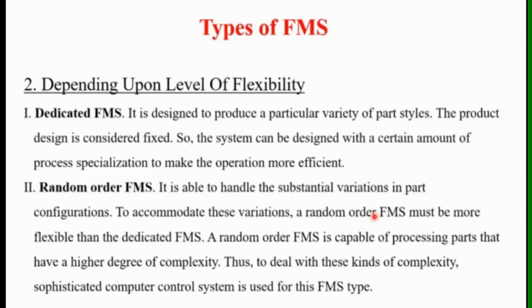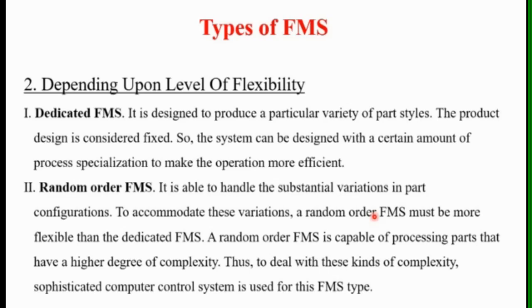The product design is considered fixed, and it is used for simple operations only. The system can be designed with a certain amount of process specialization to make the operations more efficient. So in this type of flexible manufacturing system, production and product quality can be improved because it is designed for a specific component or product.